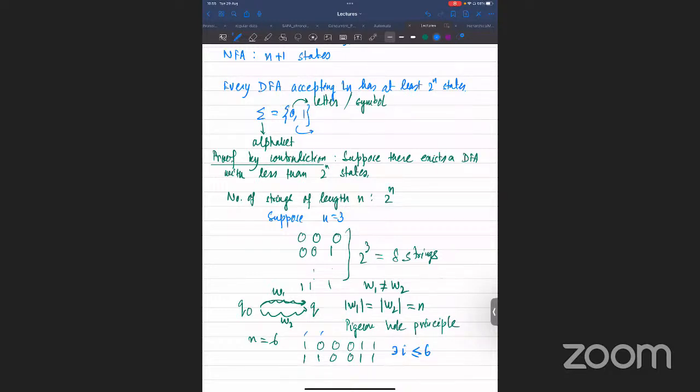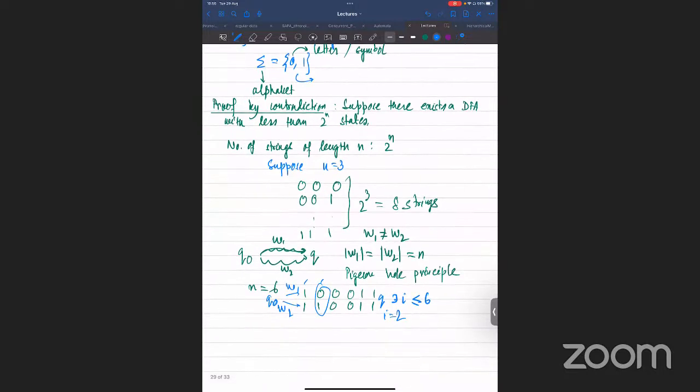So here i equals 2. Now you are reading this string and this string. Suppose this is my W1, this is my W2. They differ in this position, and starting from Q0, you reach the same state Q. Now what can you do? It is a DFA. What can you do now? I'm very close. Now you should be able to tell me.